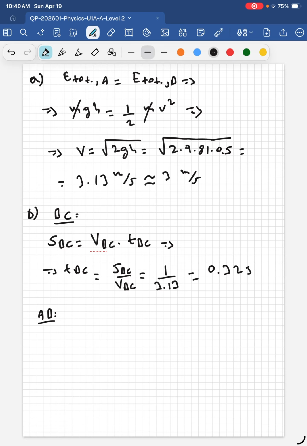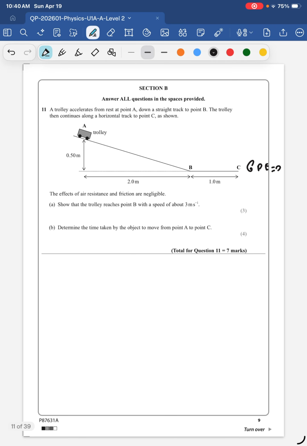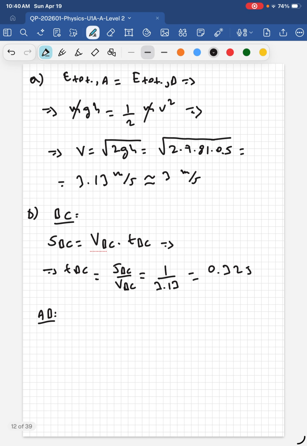Okay. Now for part AB, things are a little bit more complicated. First of all, we have to calculate the length of this triangle, and by length, I mean the length of the hypotenuse, in other words, AB. So let's use Pythagoras.